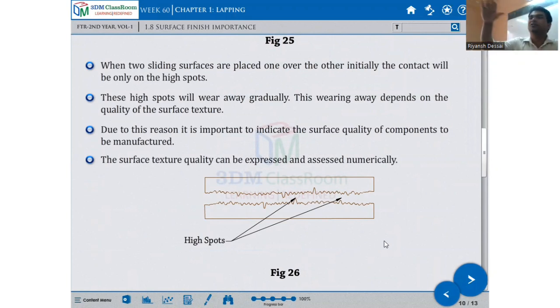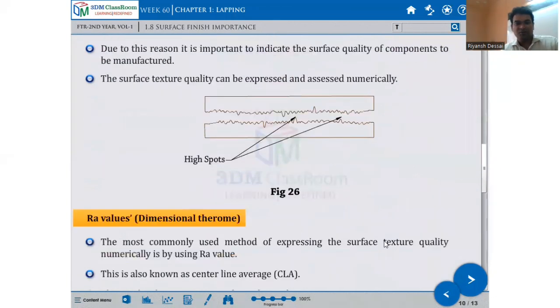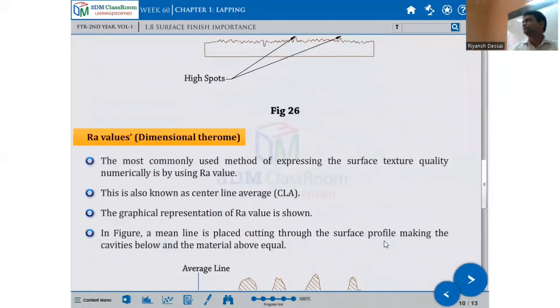From that you can know how many microns of finish. This surface finish is always referred to by the RA value.